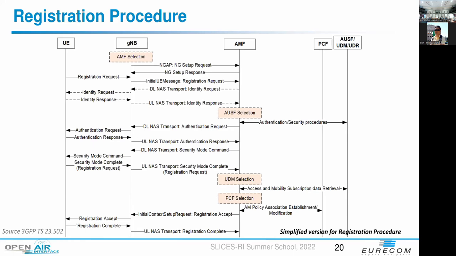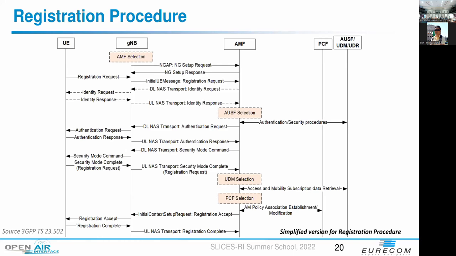AMF will contact the AUSF, and AUSF will contact UDM and get the information of the UE from the UDM. Basically, in the authentication procedure, some critical information is OPC and IMSI. We don't go into too much detail about that. And then after that, the AMF will contact the UDM to get the access and mobility subscription information, and the same with the PCF.